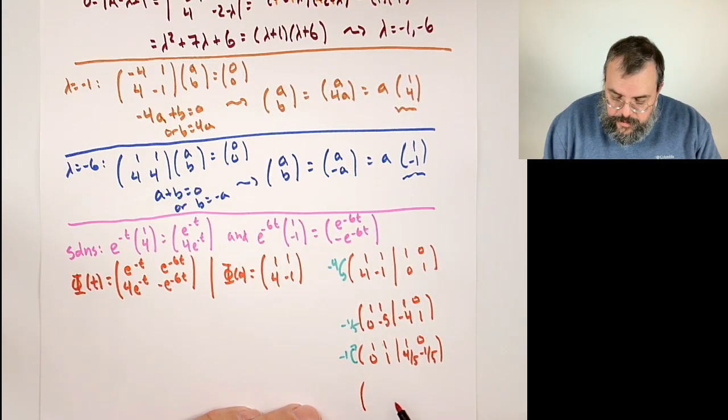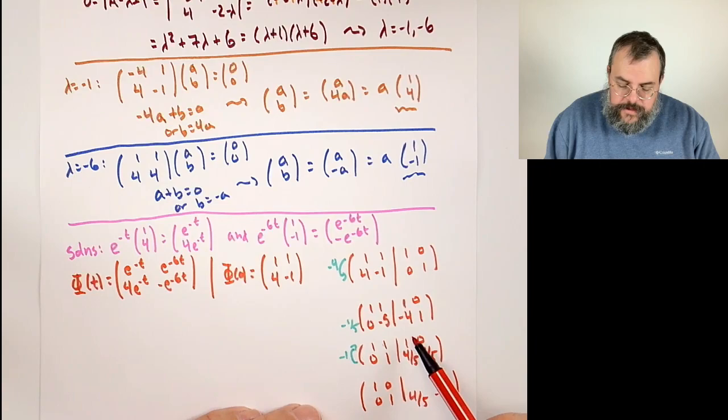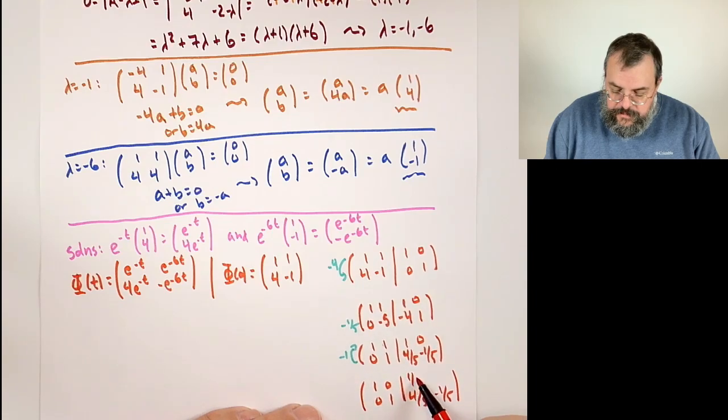And what will we get? Well, we'll get 1, 0, 0, 1, which is great. The bottom row hasn't changed. And then multiply by -1 and add. So -4/5 plus 1 makes +1/5. And then -1/5 times -1 makes +1/5.